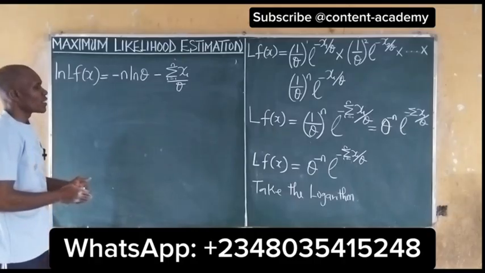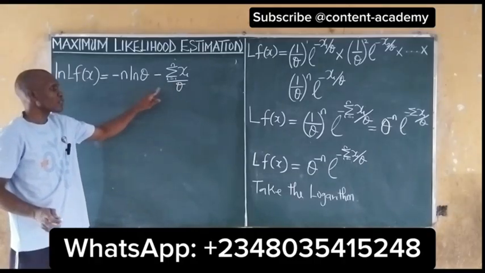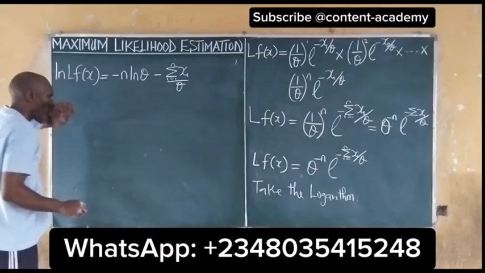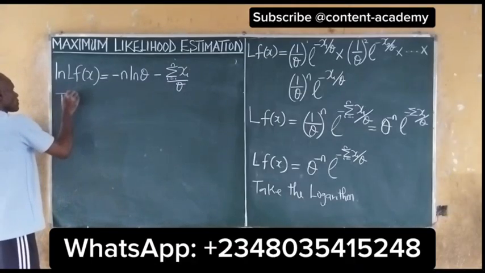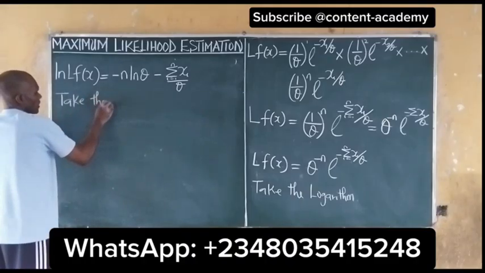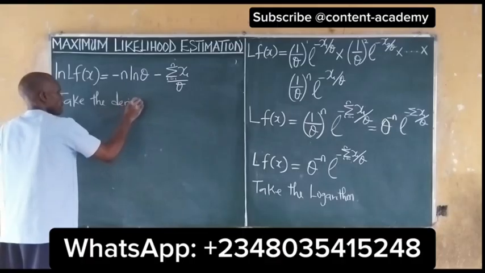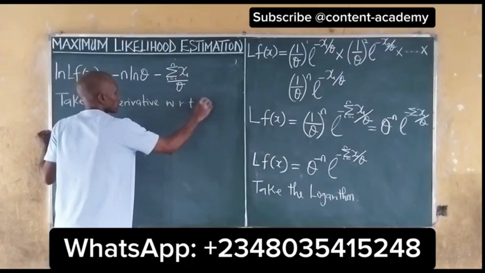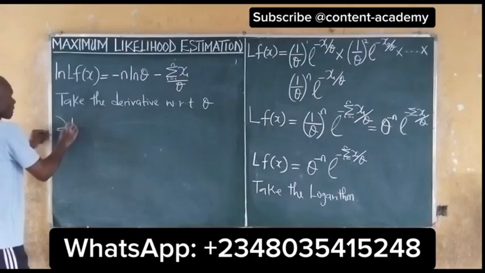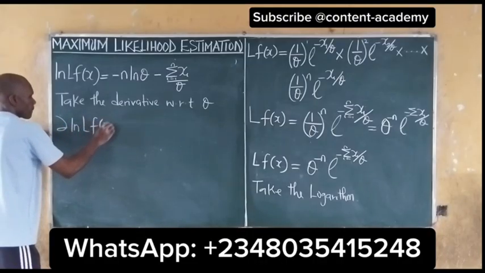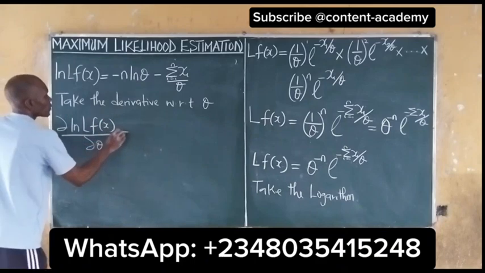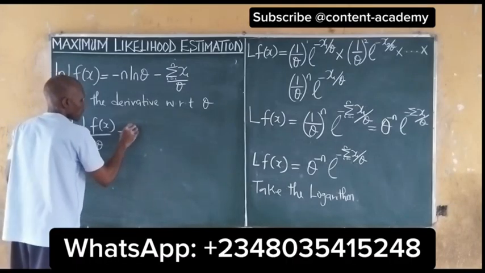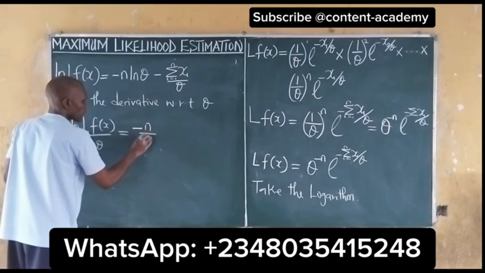The next thing to do is to take the derivative with respect to theta. Taking the derivative of this, we have negative n over theta.